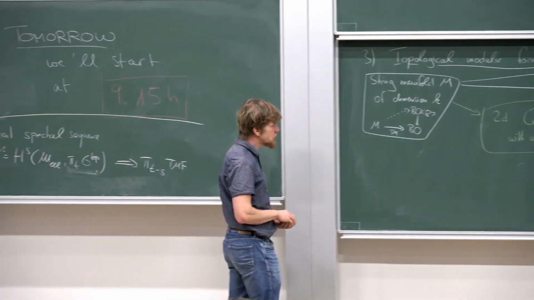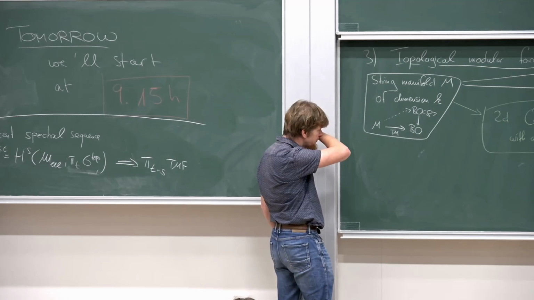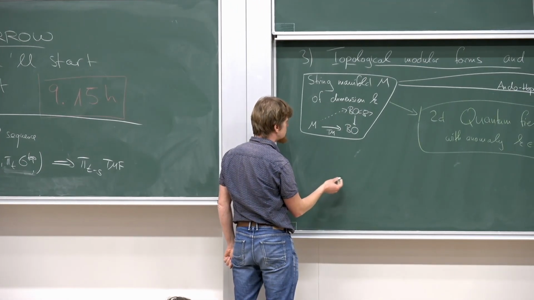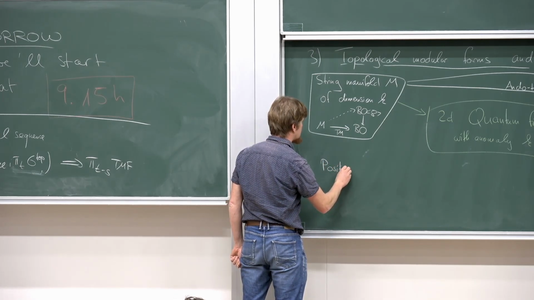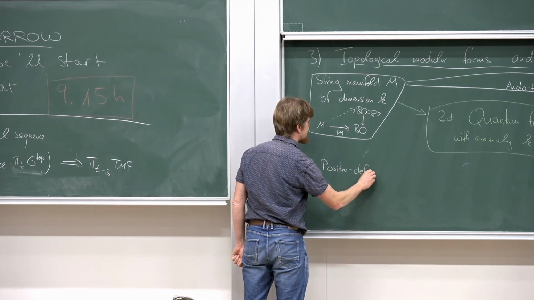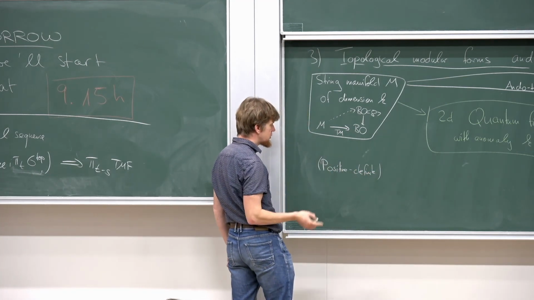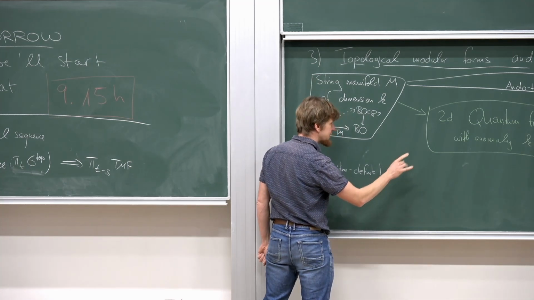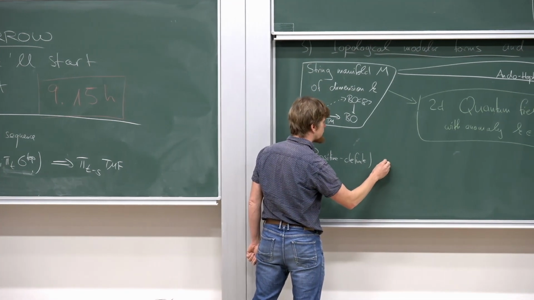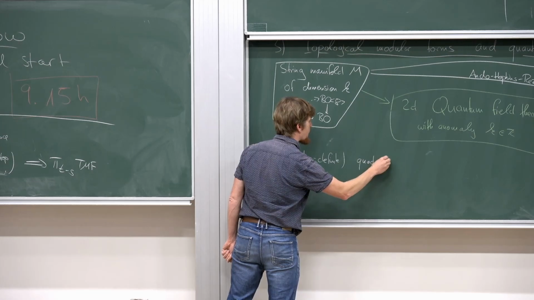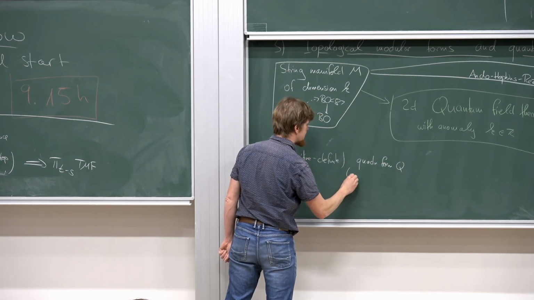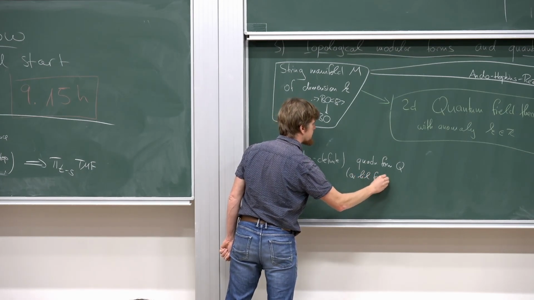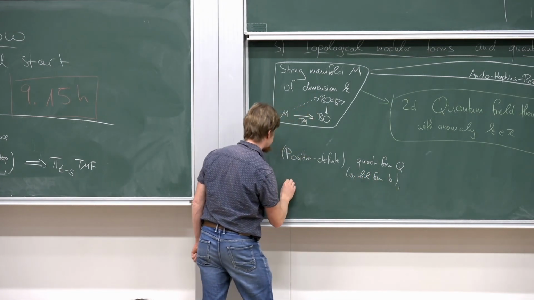Okay, and there's actually another thing one can do. One can look at a positive definite quadratic form, positive definite not strictly necessary, but only necessary for some parts I want to say, Q, or bilinear form, B, which is unimodular.